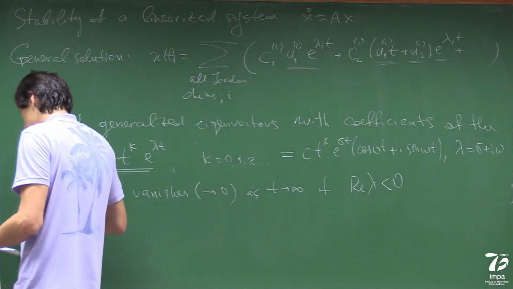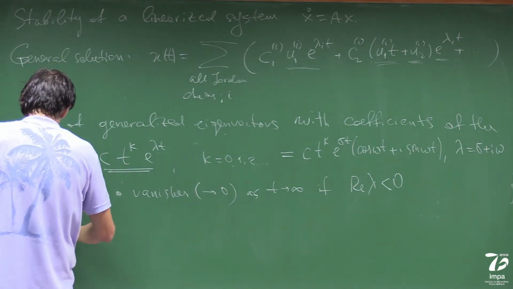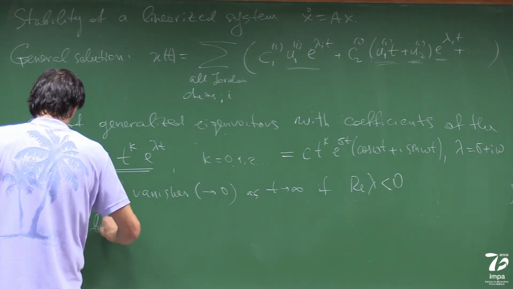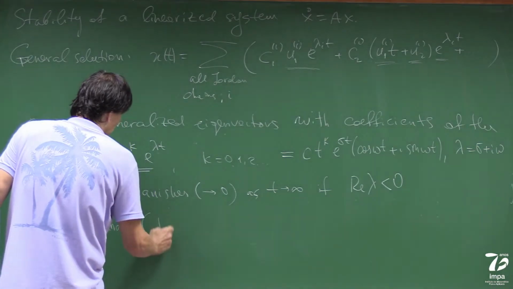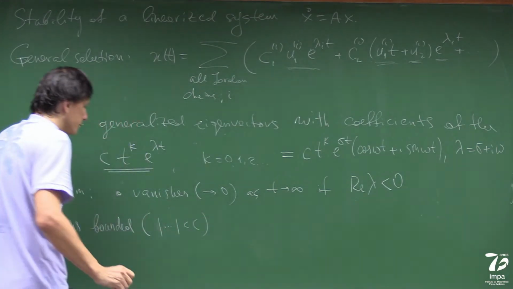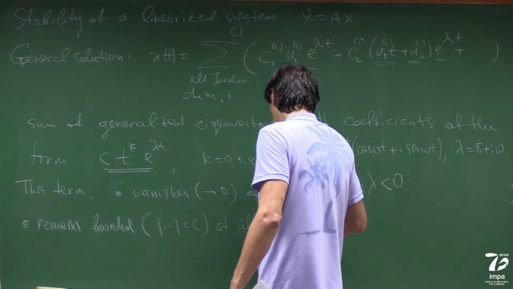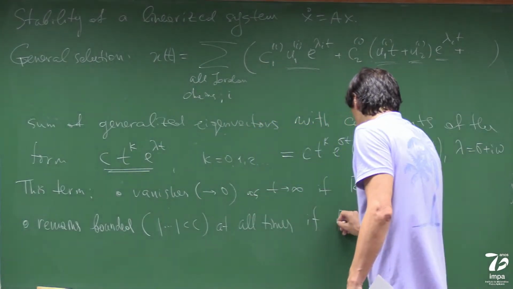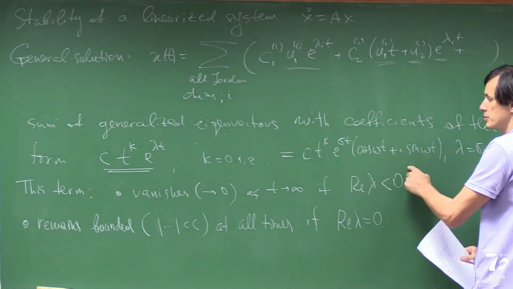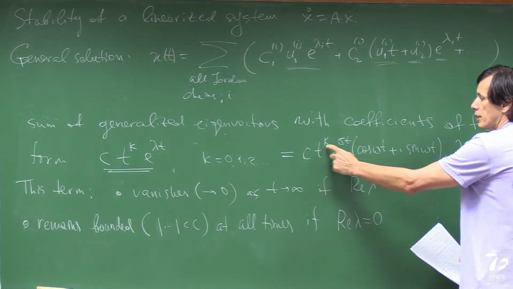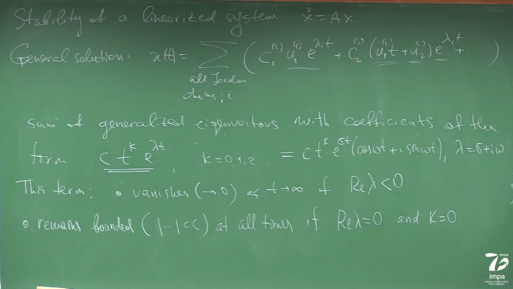The second option is that this term remains bounded, so its modulus is smaller than some constant at all times. If the real part of lambda is 0, then the exponent is 1, but there can still be oscillations. We also need k to be 0.